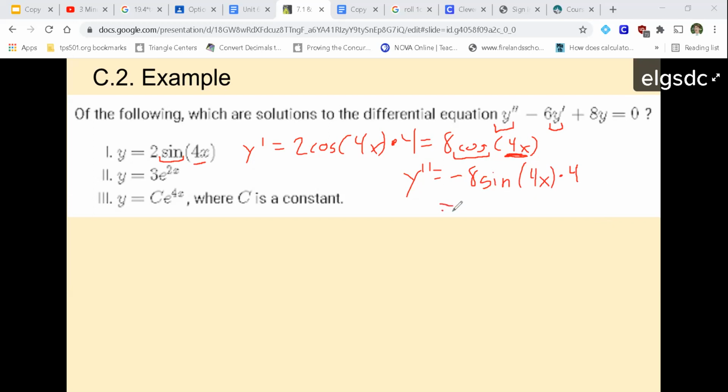Which is negative 36 sine of 4x. All right, so now what we're going to do is plug in. So again, the first step is you're going to take the derivatives.